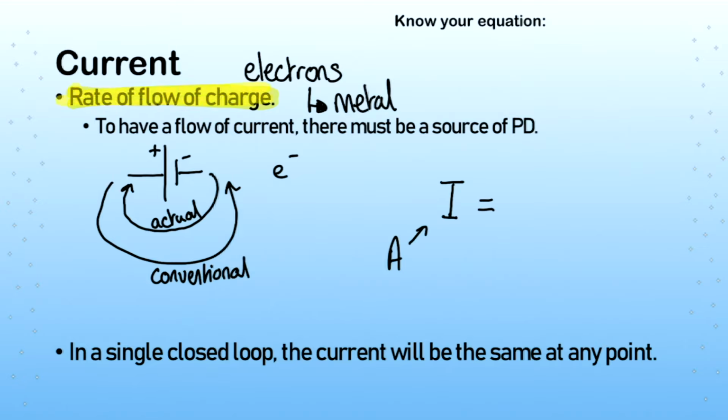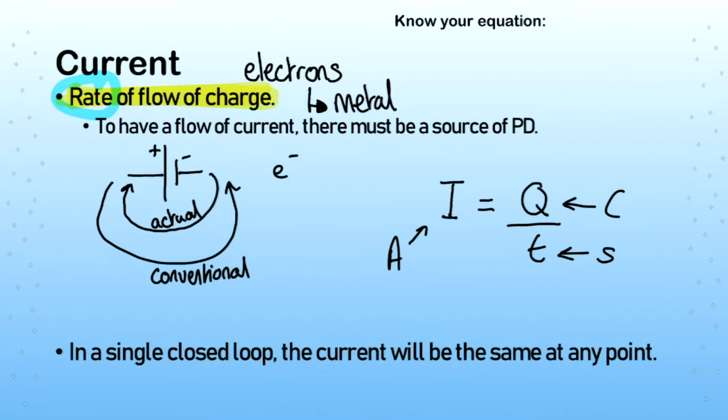So if it's a rate of flow of charge, as I've said in previous videos, the fact that it's a rate means we have to be dividing it by time. It's something per second. In this case, it's charge, and we give charge the letter Q, which is measured in coulombs, C, and time is measured in seconds, so we must be converting any minutes that you might have into seconds.